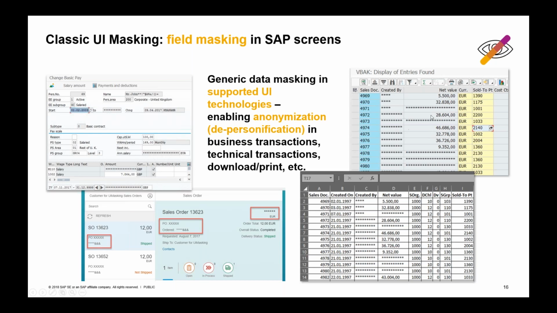This is also possible to do in table displays. For instance, here we had a logic where, say, in VBUK, it's a sales document header, and the sales document number is there, and the net value is shown or masked out depending on the status of this document.